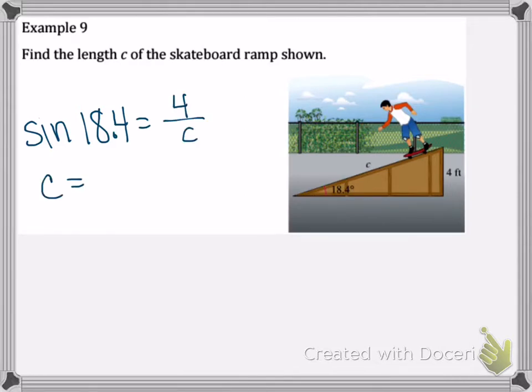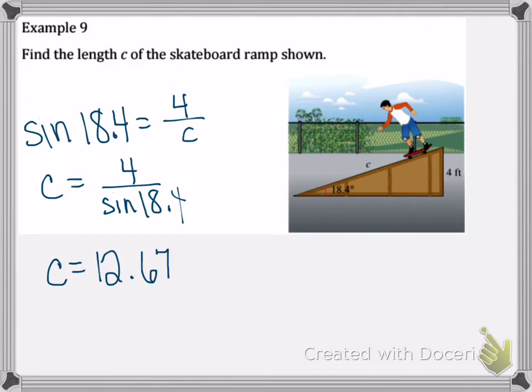Now solving for c, I get that c equals 4 over the sine of 18.4. So again, you have to rely on your calculator. So I get that c is equal to 12.67 feet.